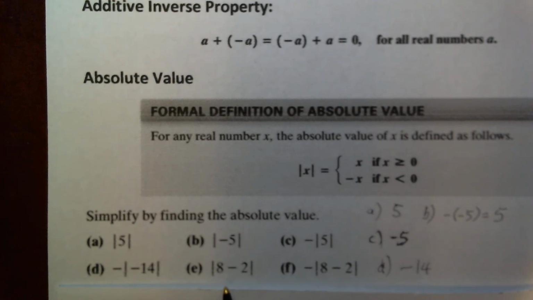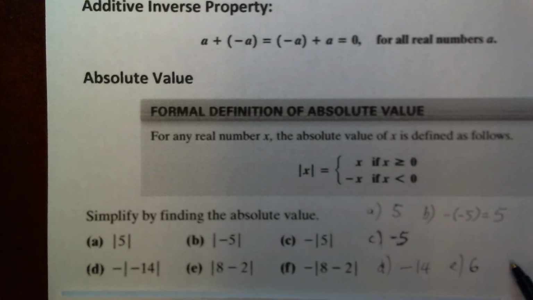And then for e, here we subtract 2 from 8, it would be 6. And the absolute value of 6, of course, is 6. And when we look at f, again, we calculate what's inside the absolute value symbols. 8 minus 2 is 6. So absolute value of 6 is 6, but there's a minus sign there.